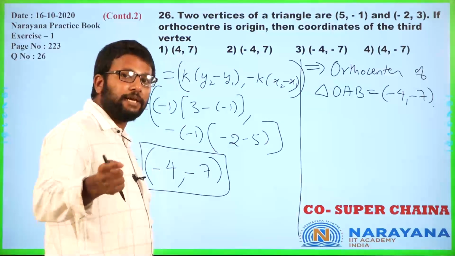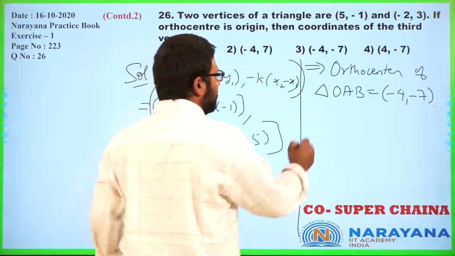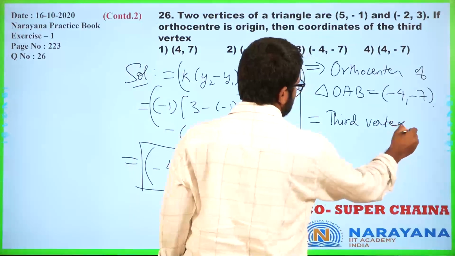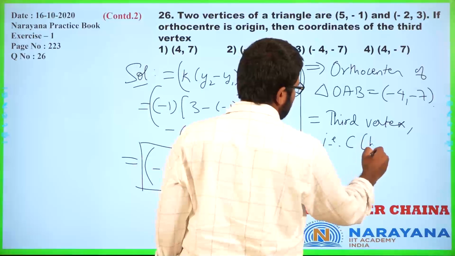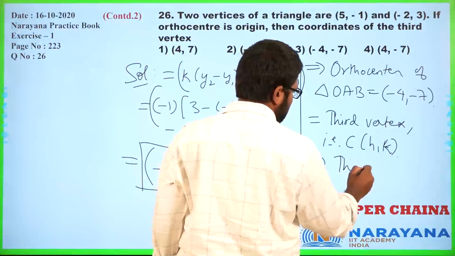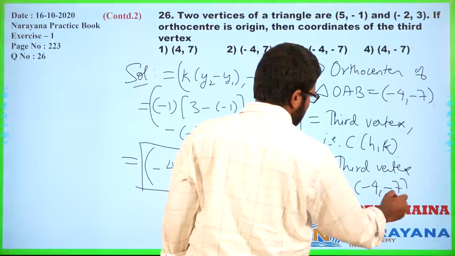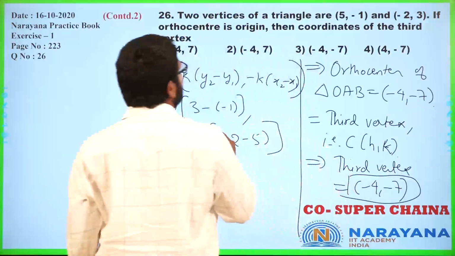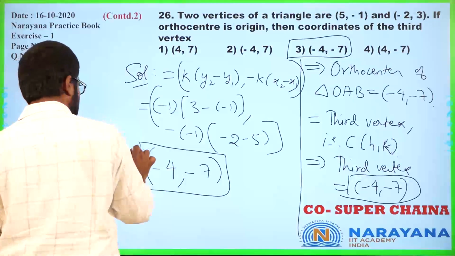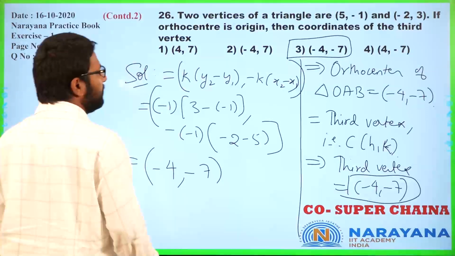We have already said earlier that the third vertex is the orthocenter of triangle OAB, which is equal to the third vertex, that is H comma K, right? So the third vertex is equal to minus 4 comma minus 7. That then becomes your answer. All right? Got it? All right, then let us proceed.